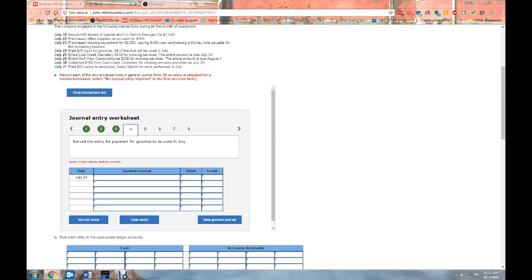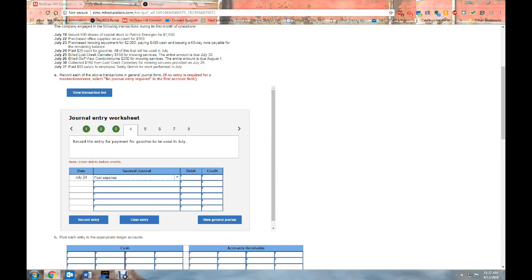All right, so July 24th, we are going to pay $25 cash for gasoline, and all this fuel would be used in July. So if we're going to use all of it up, that means it's not in inventory, it's being used up. We know that costs that we incur in generating revenue are expenses.